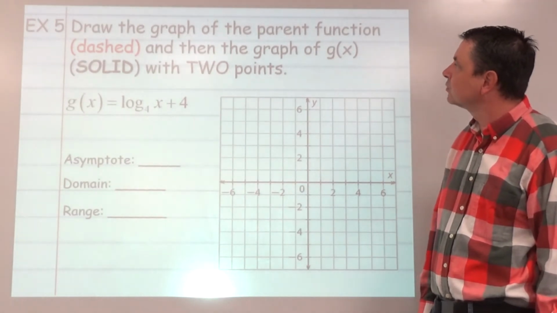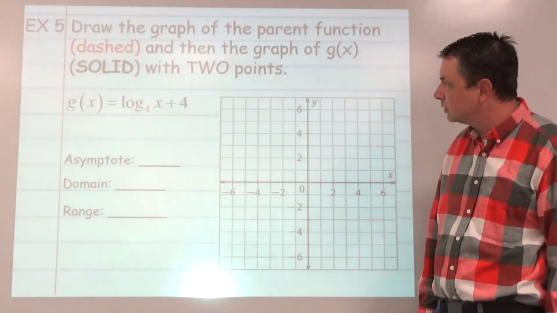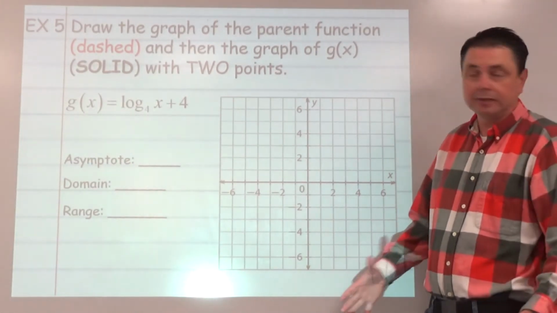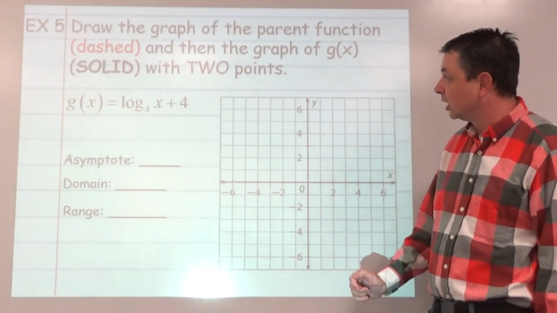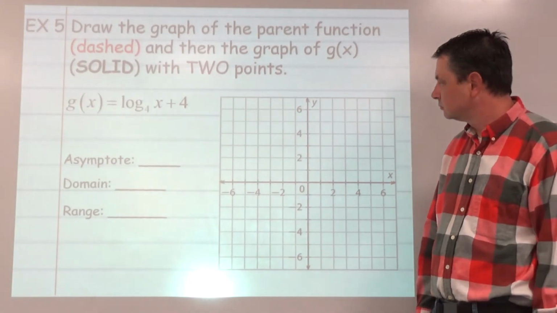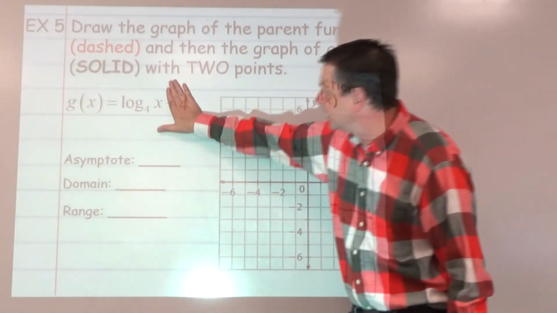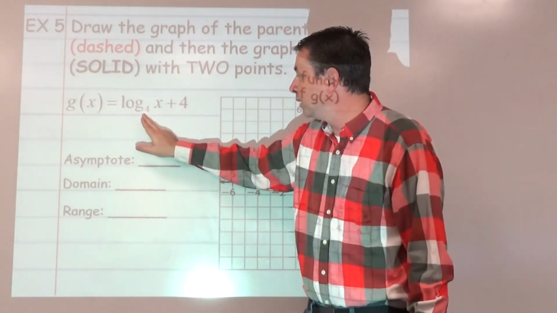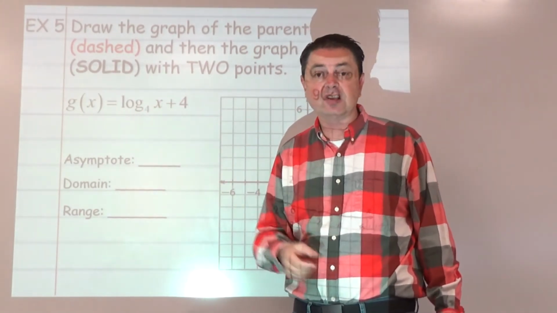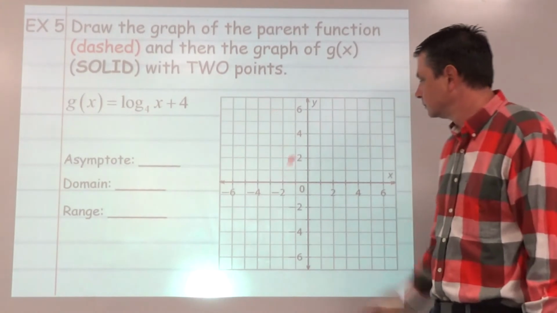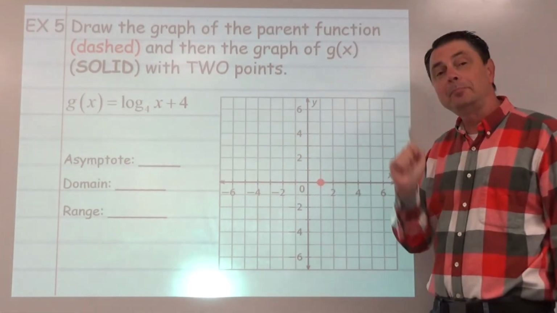Example number 5, draw the graph of the parent function. We'll draw that dashed or dotted. And then the graph of our final function, solid, with 2 points. That's our approach. So our parent function is log base 4 of x. Back to the previous slide, the 2 key points: 1, 0 and base, 1.